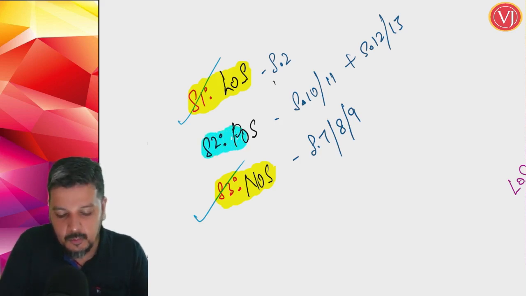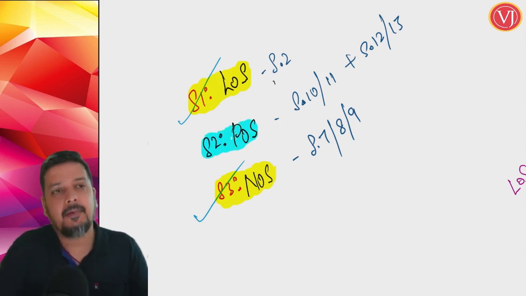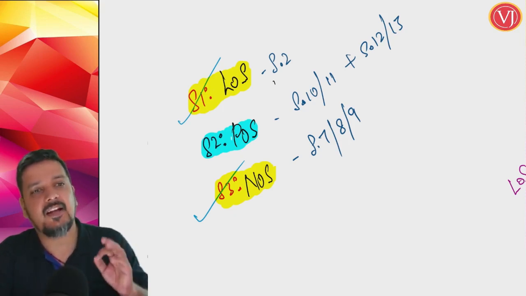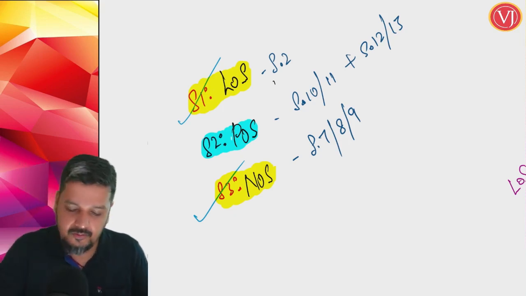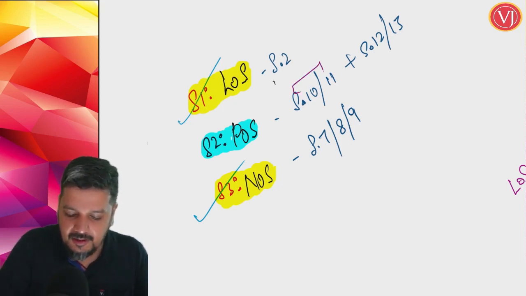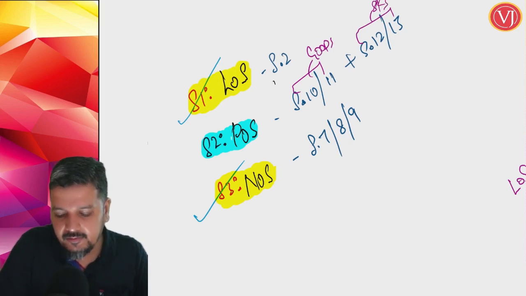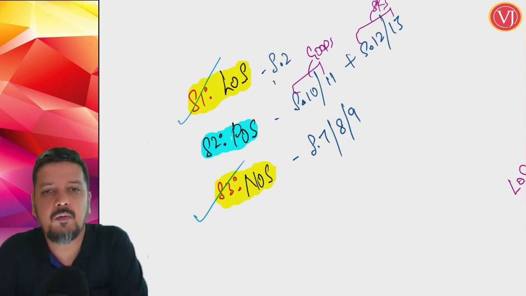What is your step 2? Place of supply. So when you talk about your place of supply, section 10 and section 11 deal with goods. Section 12, section 13 deal with services. Place of supply for goods is discussed in section 10 and section 11.